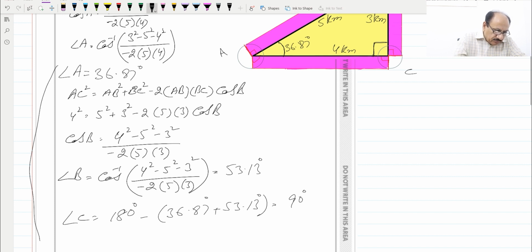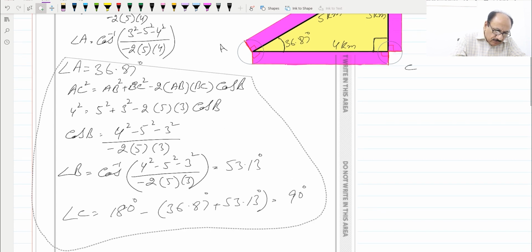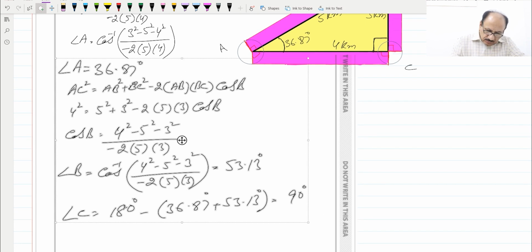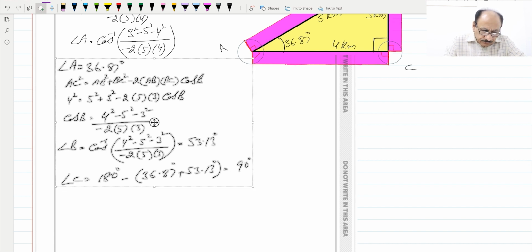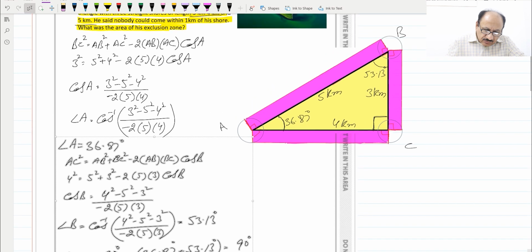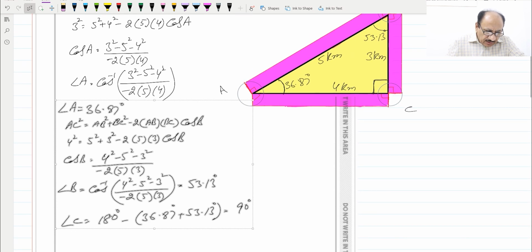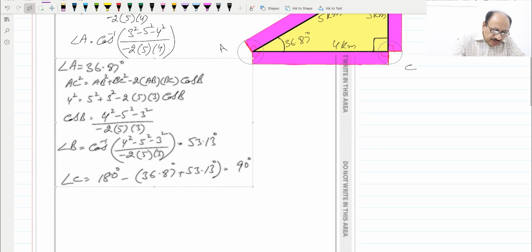Further, we can reduce the size of this one a little over here. Now what next we will be doing: we found the interior angles, now we can find the sector angles also. For A, I'll change the color.